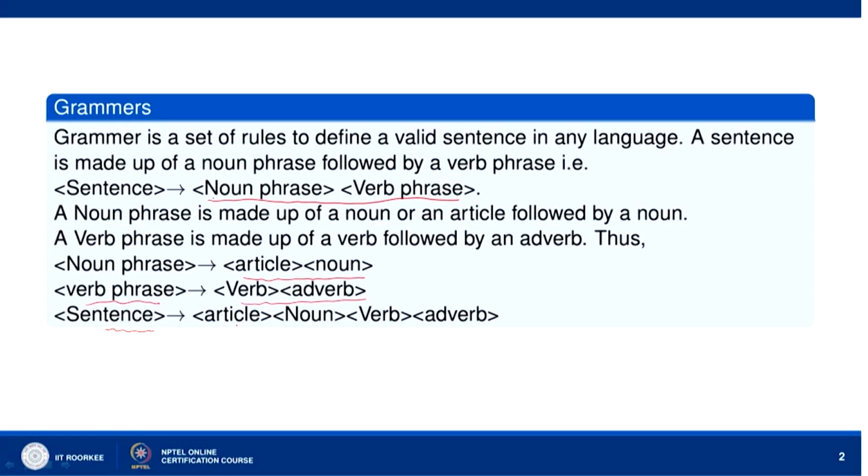A verb phrase is made up of a verb followed by an adverb. Thus, noun phrase is made up of article and noun, verb phrase is made up of verb and adverb. Thus, we can say that a sentence is made up of an article, noun, verb, adverb.